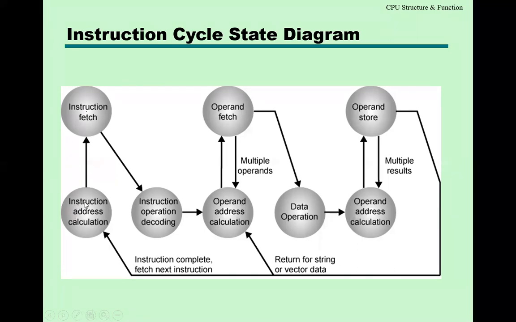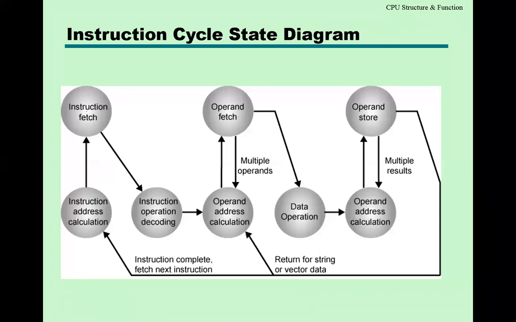So PC and MAR have the instruction address. Then the instruction fetch. A read signal is generated to the memory. So that is the instruction fetch. Instruction fetch means your instruction is loaded into the IR from the MAR.